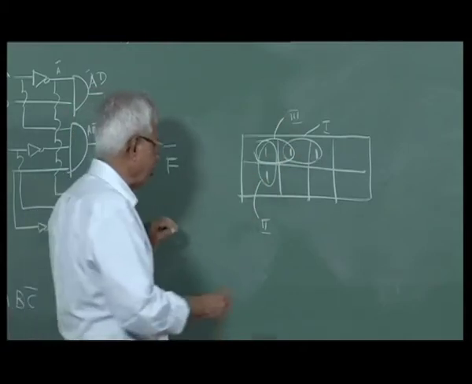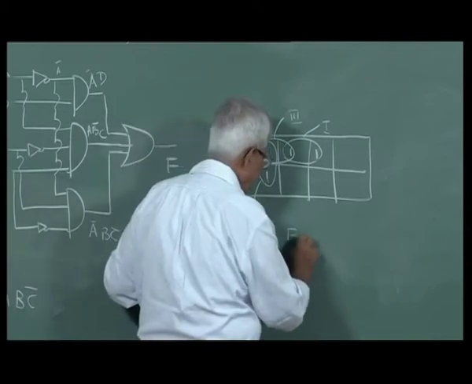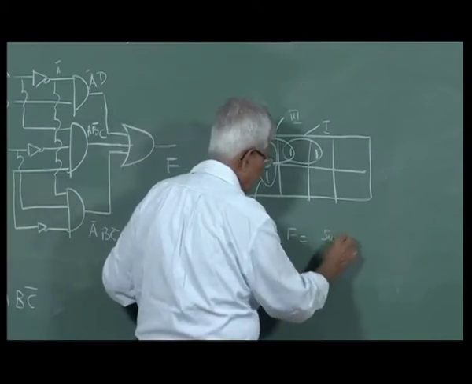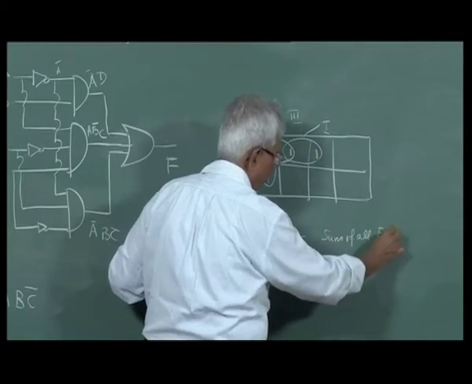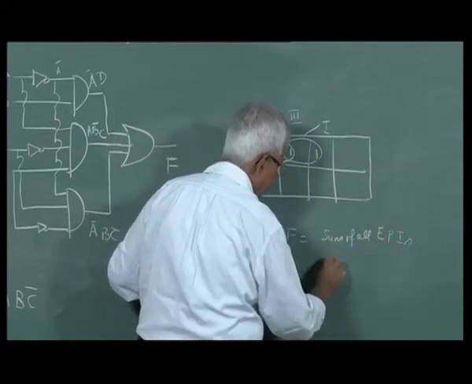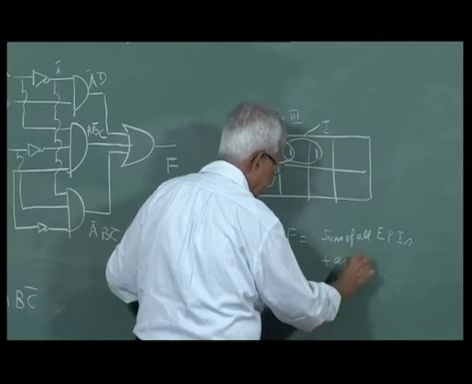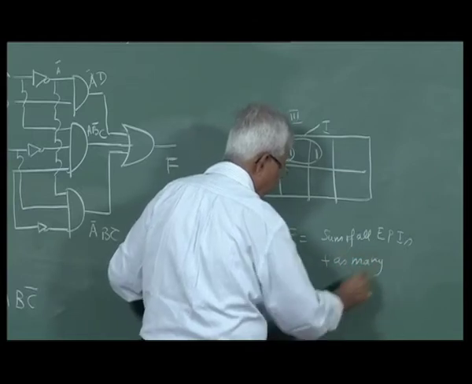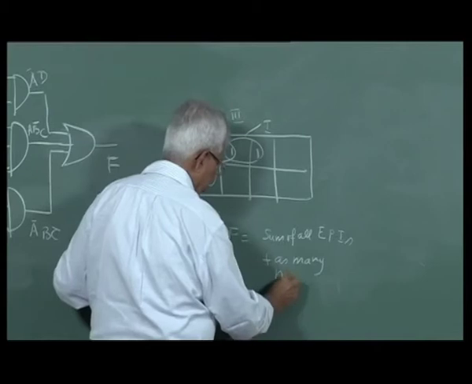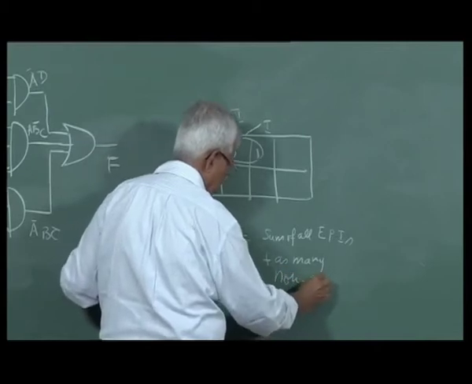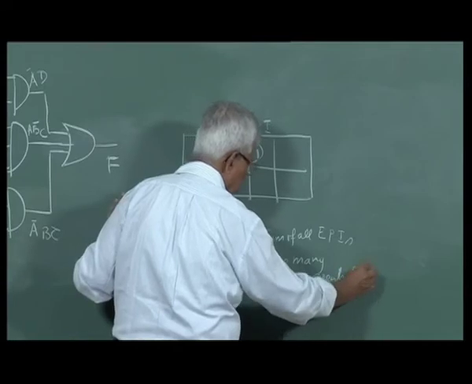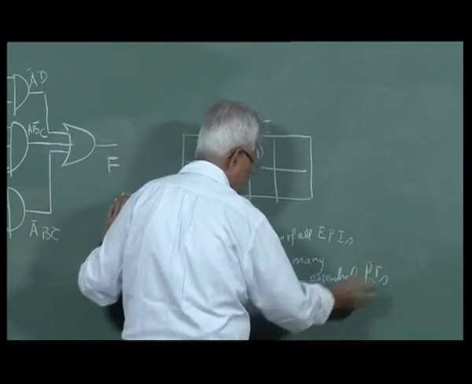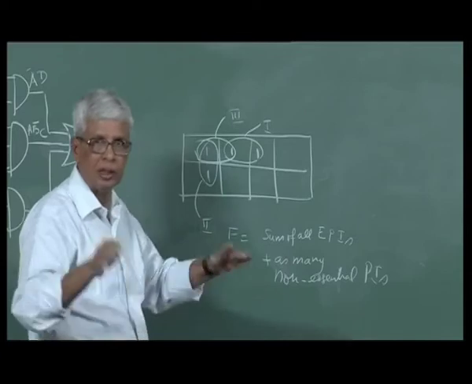So the final F would be the sum of all essential prime implicants plus as many non-essential prime implicants which are required to combine all the ones satisfactorily.